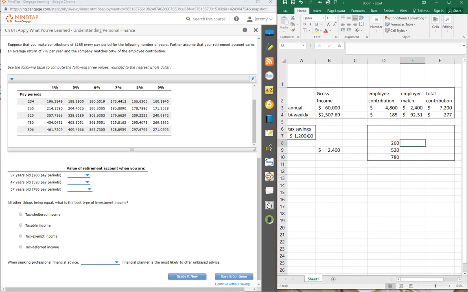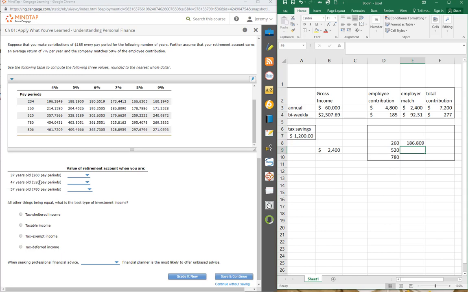So I'm contributing 185 a pay period, and let's see what happens in 260 pay periods. I'm earning an average of 7%, so I'm going to look up 7% in this column, and then I look down to 260 pay periods. That's going to give me a multiplier of 186.8090. I'm going to put that here because I'm going to use it to multiply later.